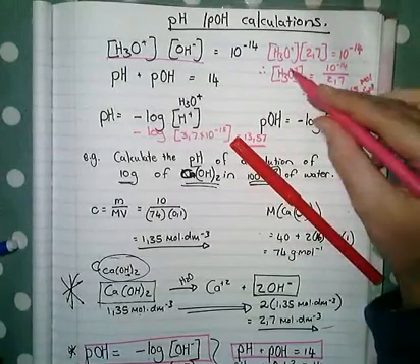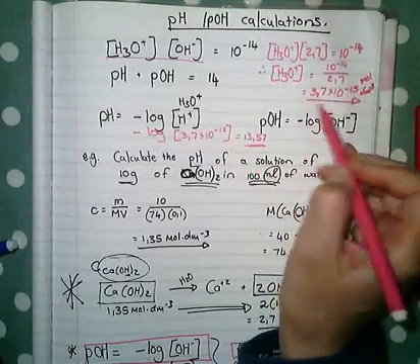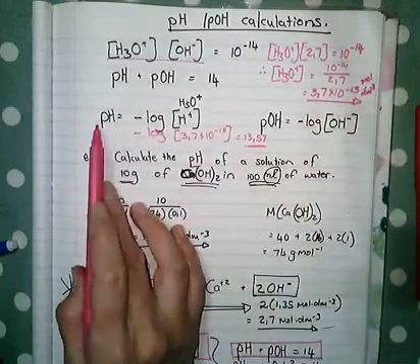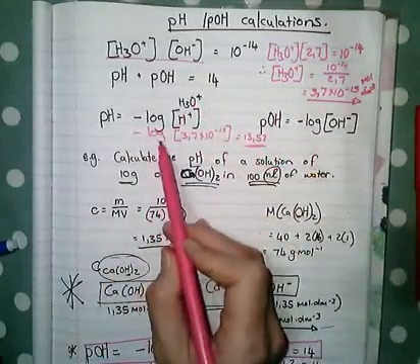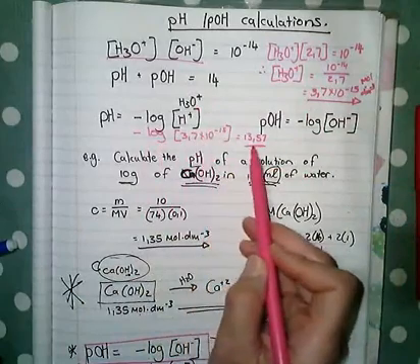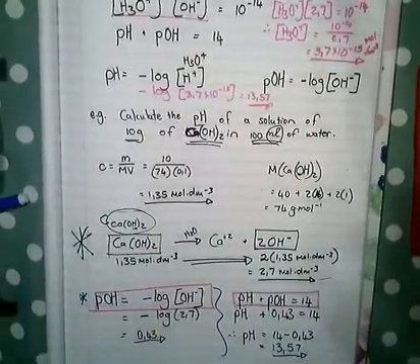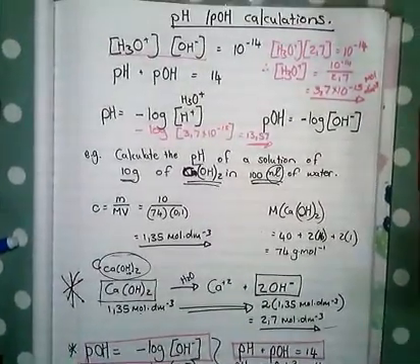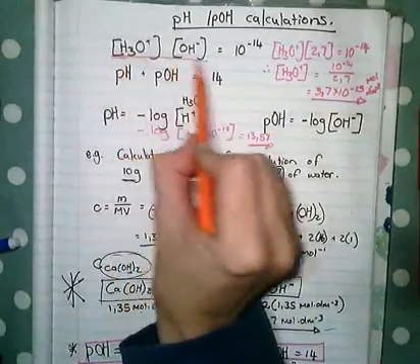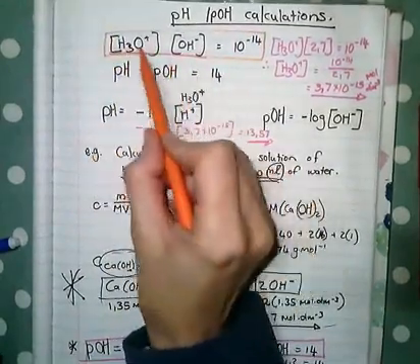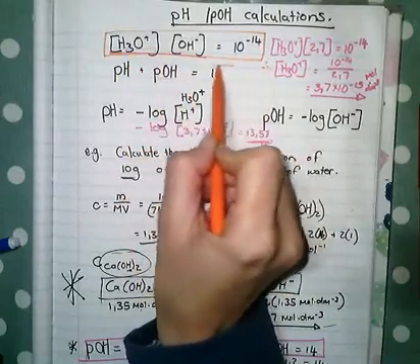So the point is, you can use either the fact that those two concentrations multiplied by each other give 10 to the power of minus 14, or that pH plus pOH is 14. Then pH is minus log of the hydrogen ion concentration and pOH is minus log of the hydroxide ion concentration. So in a certain ionization reaction, you will get one of these two concentrations.